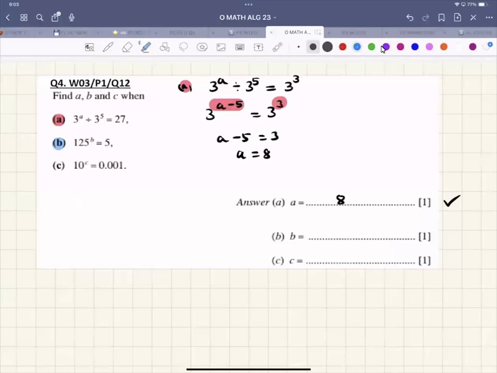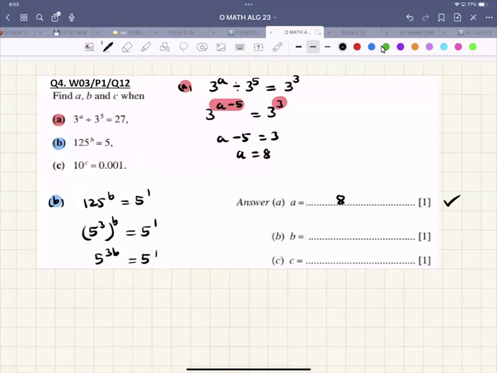Let's focus on part B. 125 power B is 5. So now let me focus over here, part B. 125 power B is 5 power 1. 125 is 5 cube raised to power of B is 5 power 1. 5 raised to power of 3B is 5 raised to power of 1. The bases are the same. The powers should equal. Therefore 3B equals to 1. B is 1/3.